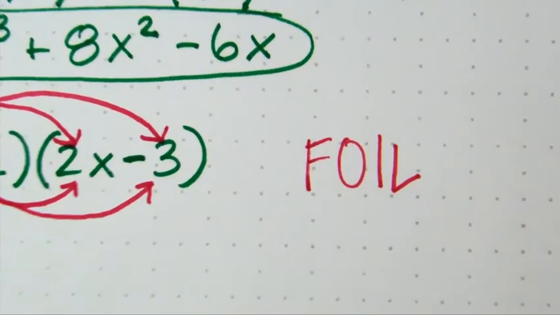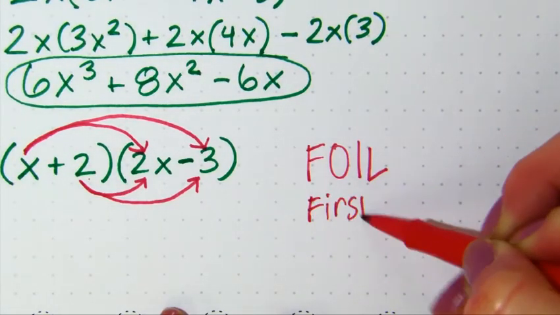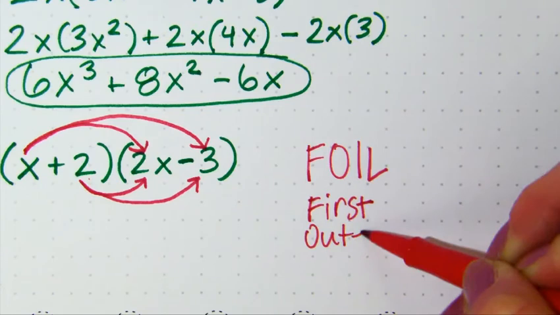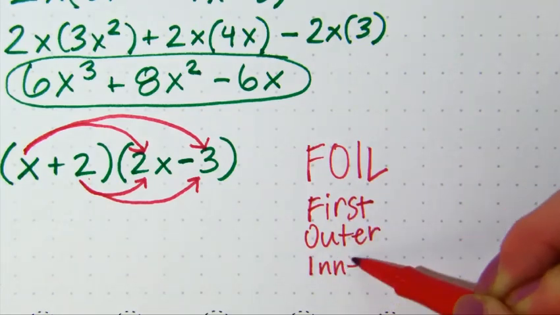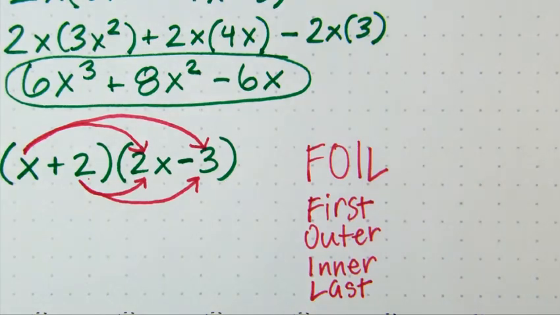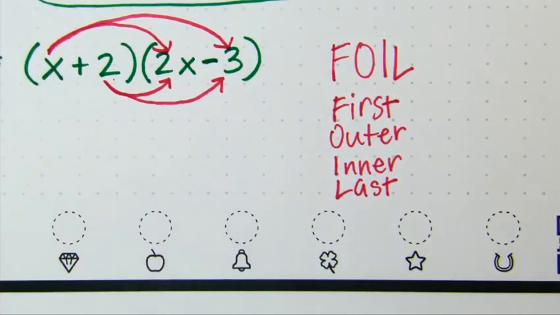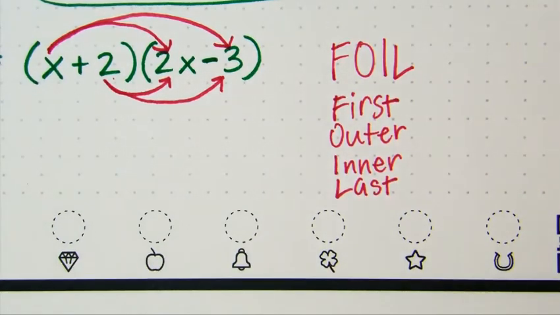So it stands for first, outer, inner, last. First, outer, inner, last. It basically just describes the order of everything.